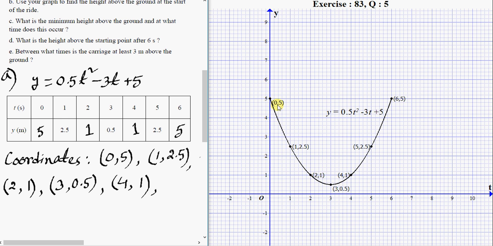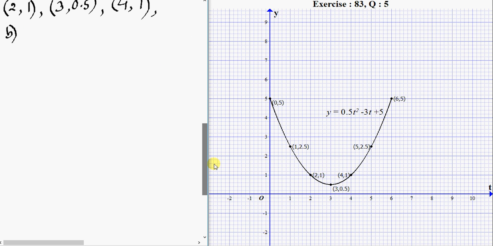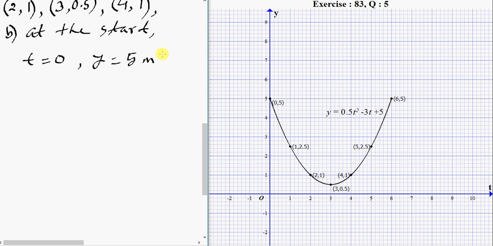So at the start, t equal to 0, y equal to 5 meter. This is the answer.